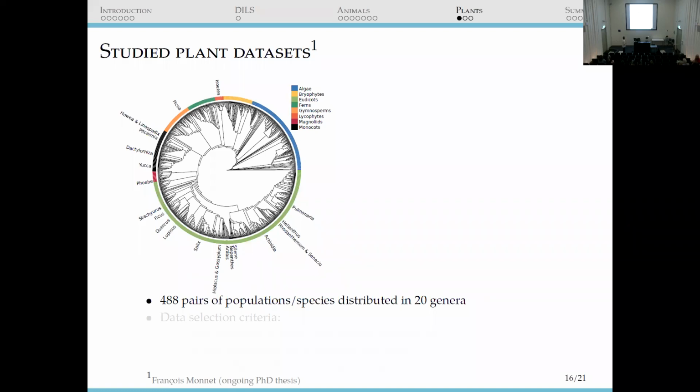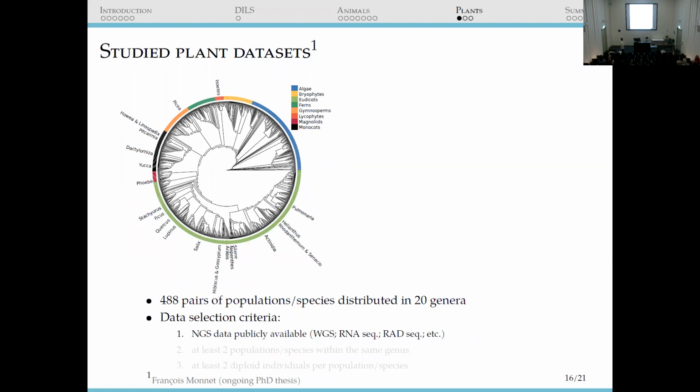So what we did is, well, in France, we do not have money, but we still have internet. So we can download some data from NCBI. So this is what we have done. Here's a large phylogeny of plants with algae, bryophytes, dicotyledons, some monocotyledons here, some gymnosperms, etc. I took 488 pairs of populations or species in 21 genera. My criteria were very simple.